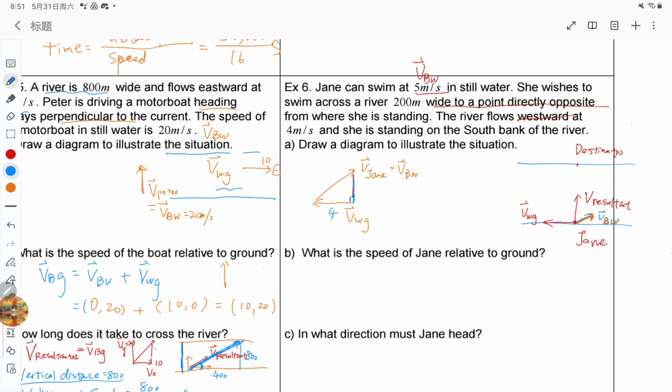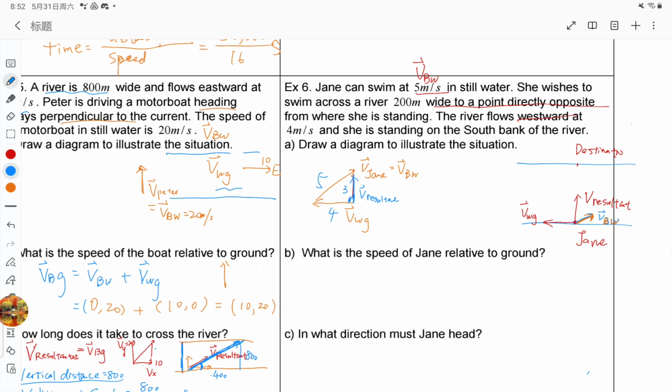This is 4 and this is 5, and it connects to the V resultant as a triangle with a 90 degree angle, so this should be 3, right? And so what is the speed of Jen relative to the ground?